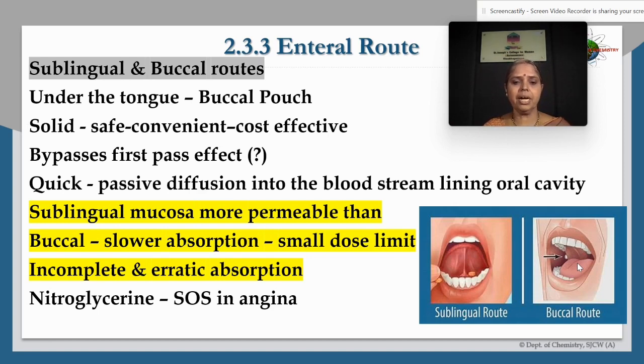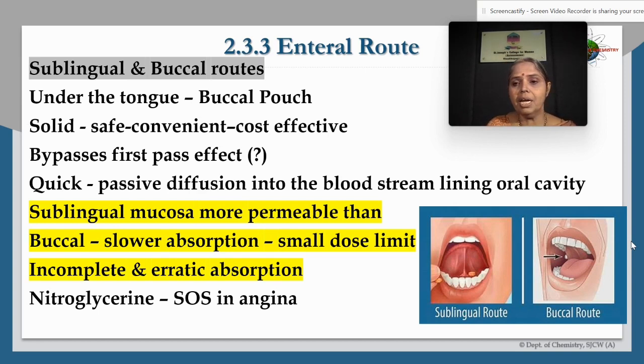Once the drug is kept under the tongue, it will dissolve in the saliva, and immediately the rich blood circulation is there. Into that blood, the drug will diffuse, moving from the sublingual cavity into the blood lining the area.